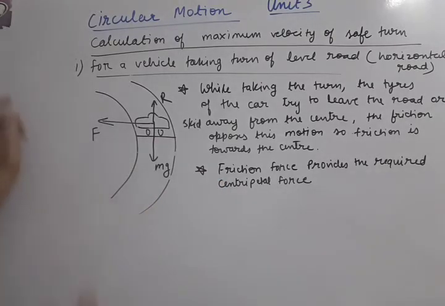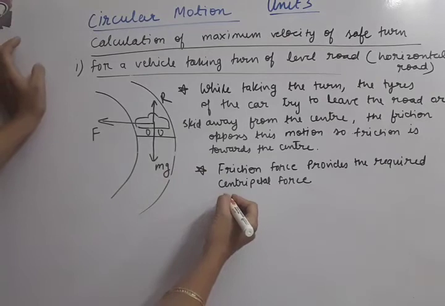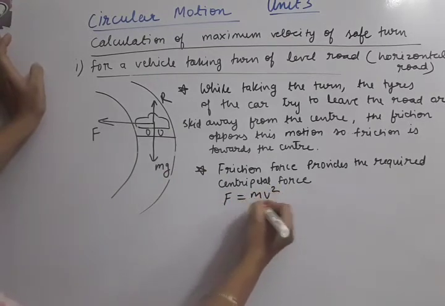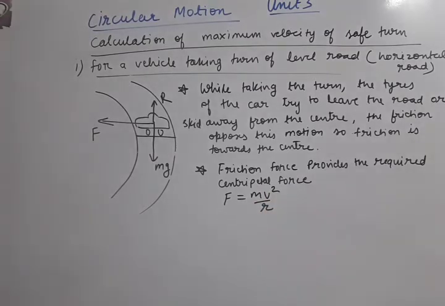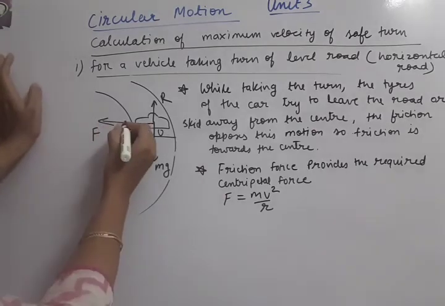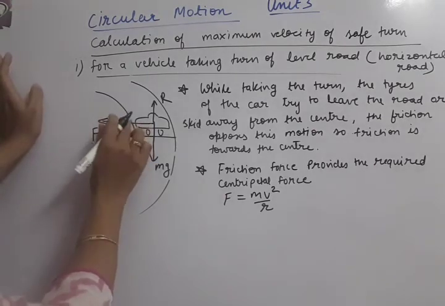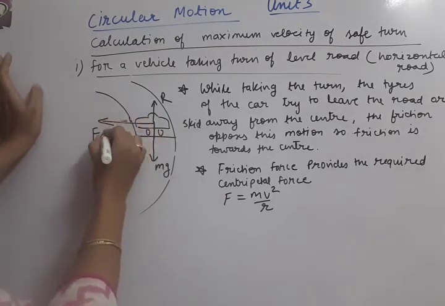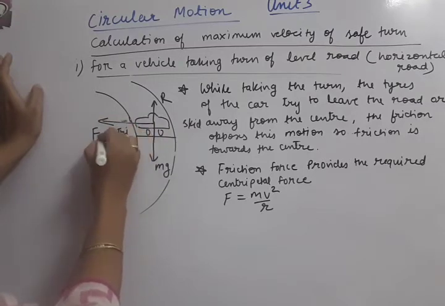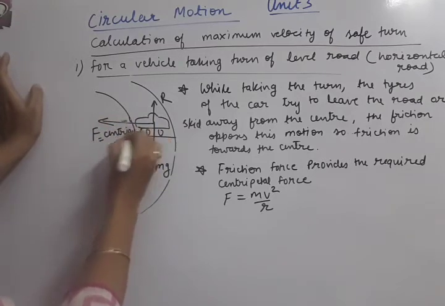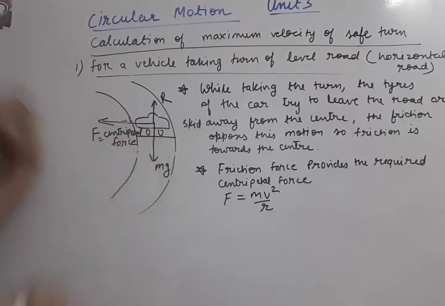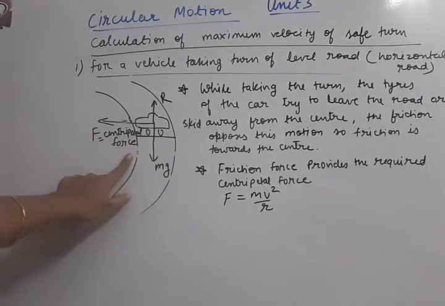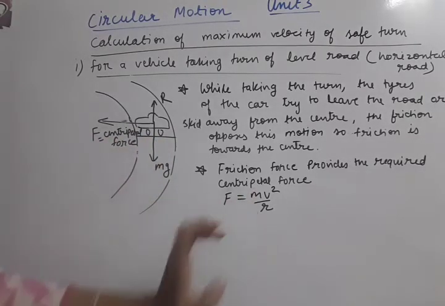So we can finally make all those equations. The friction force becomes the centripetal force, so F equals mv square by r.